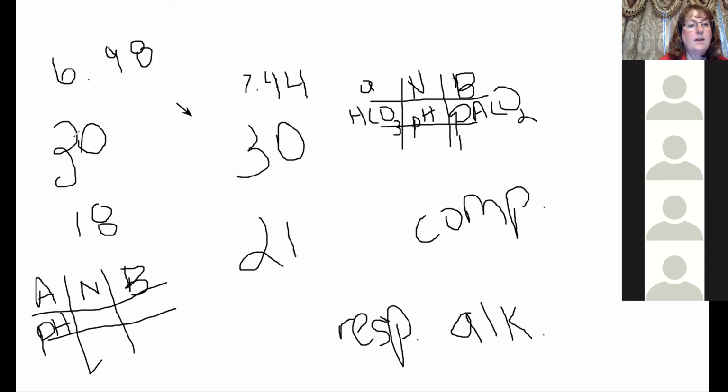Alkalotic. Okay, so we would put that over under the base column, so PaCO2. Geez, I cannot draw with this. All right, and then the 18, where would that go? Acidic. Okay, so that's going to go over here, HCO3.